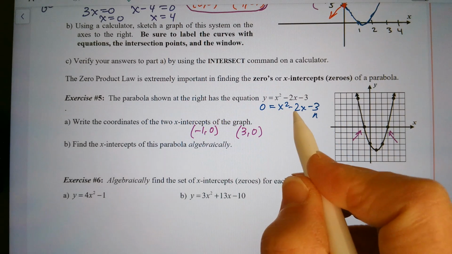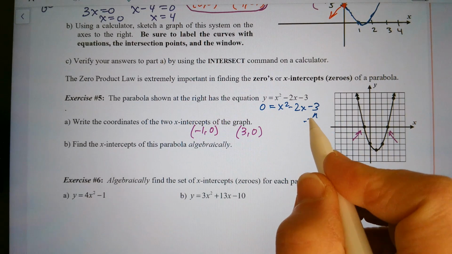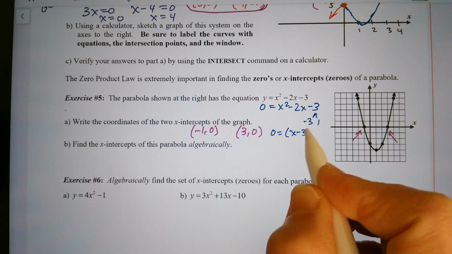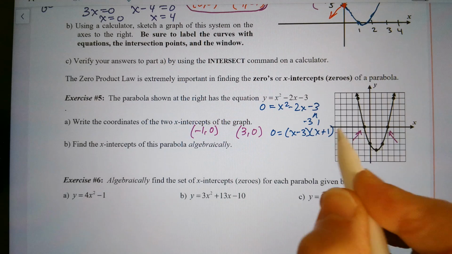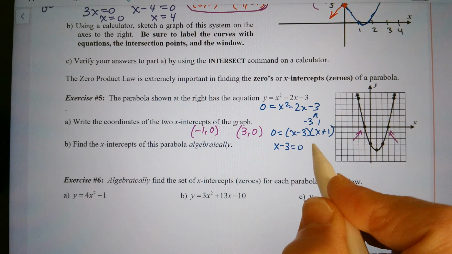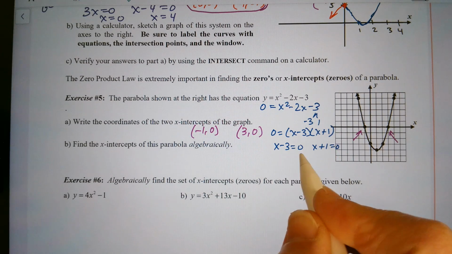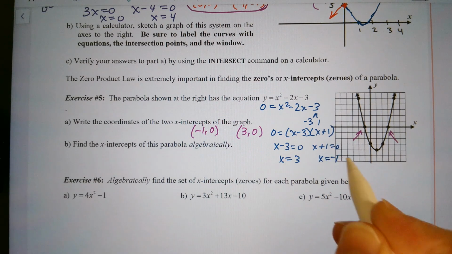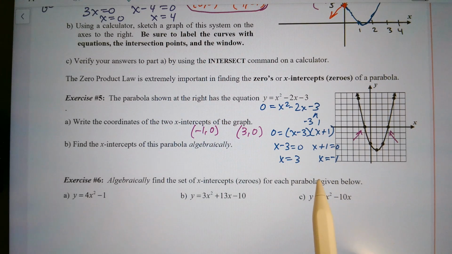The factors of negative 3 that sum to negative 2 are negative 3 and 1. So we have 0 equals x minus 3 times x plus 1. Set each factor equal to 0. Adding 3. Subtracting 1, and there we have 3 and negative 1.